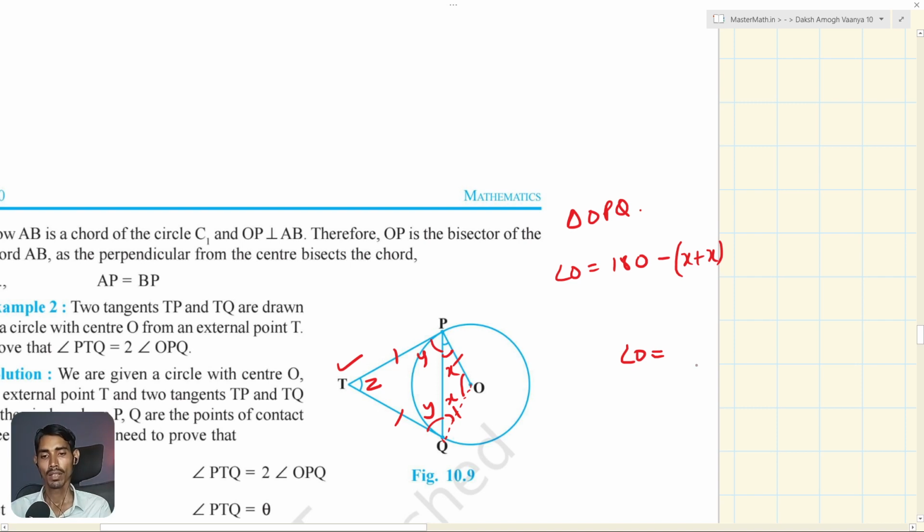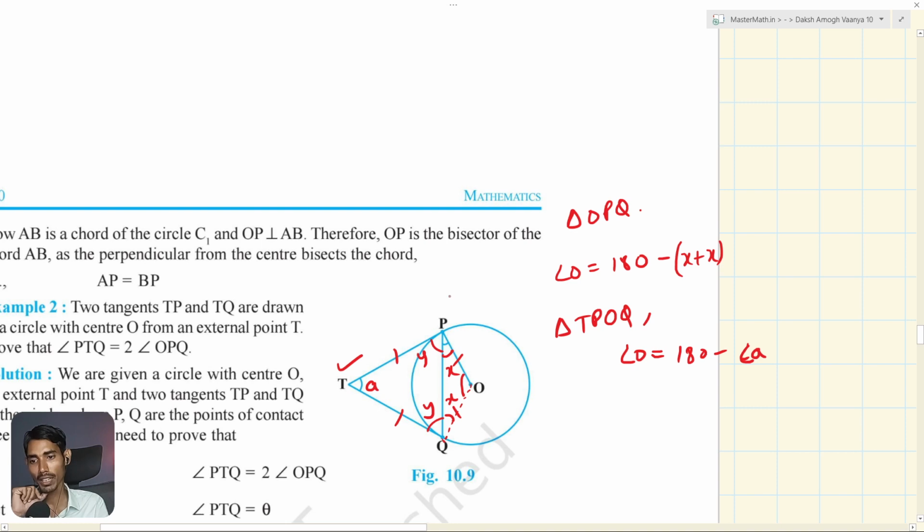And in the quadrilateral TPOQ, angle O would be 180 minus Z. Let me change the name of Z, it seems like a 2, and my handwriting is not improving. So let's put it as A. Is that okay?